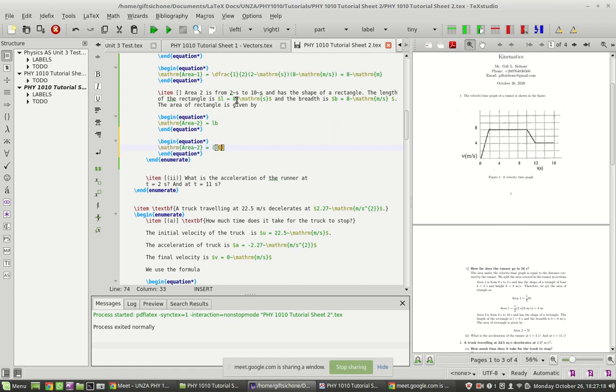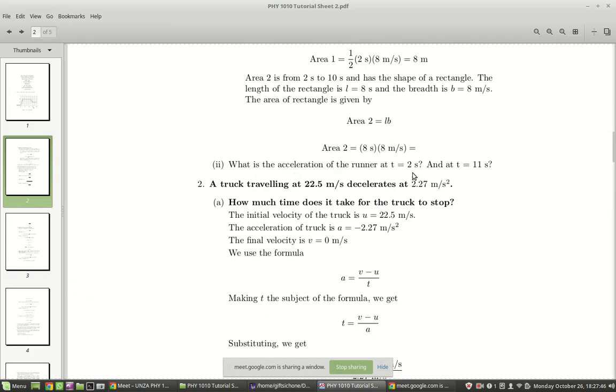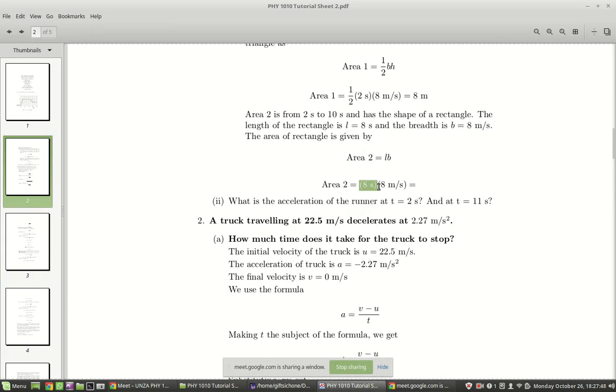L is 8 seconds. B is 8 meters per second. Here we are, 8 seconds, 8 meters per second.